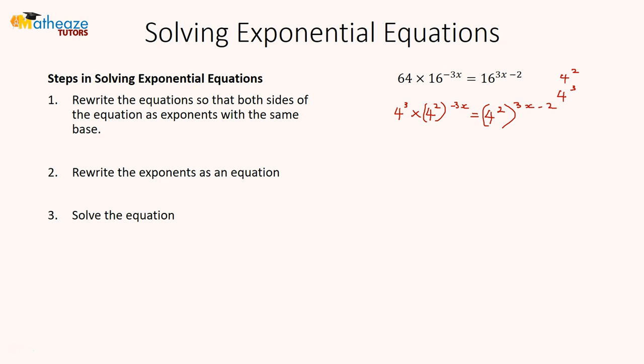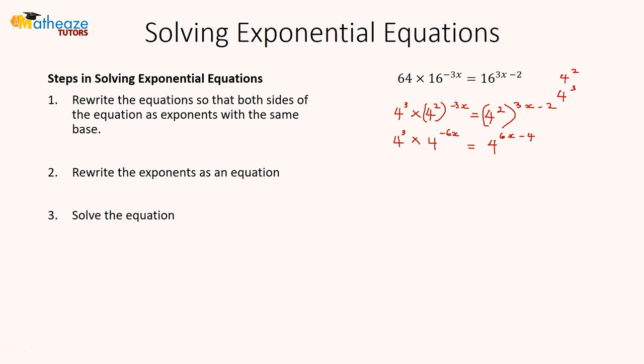So we have 4 to the power of 3 multiplied by 4 to the power of 2 times negative 3x, which is negative 6x, equal to 4 to the power of 6x minus 4. Let's simplify.